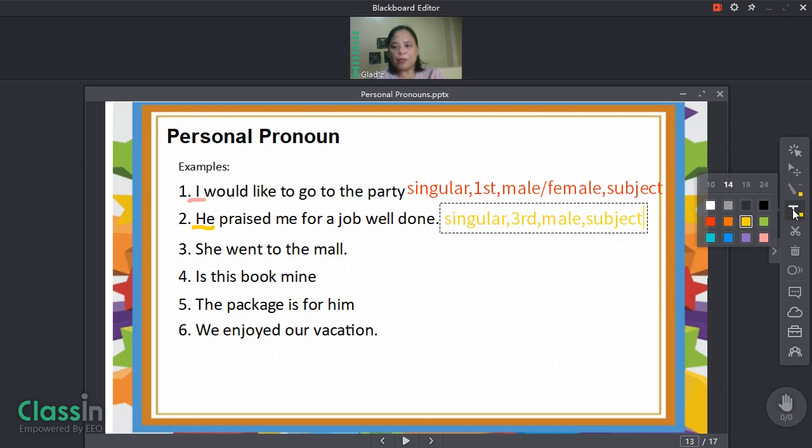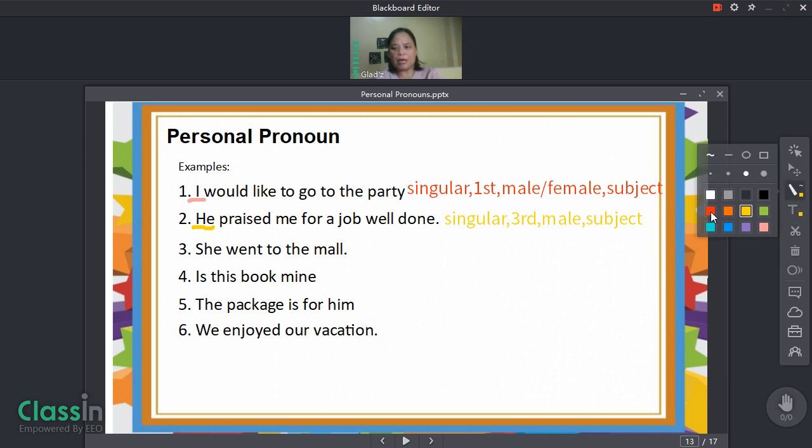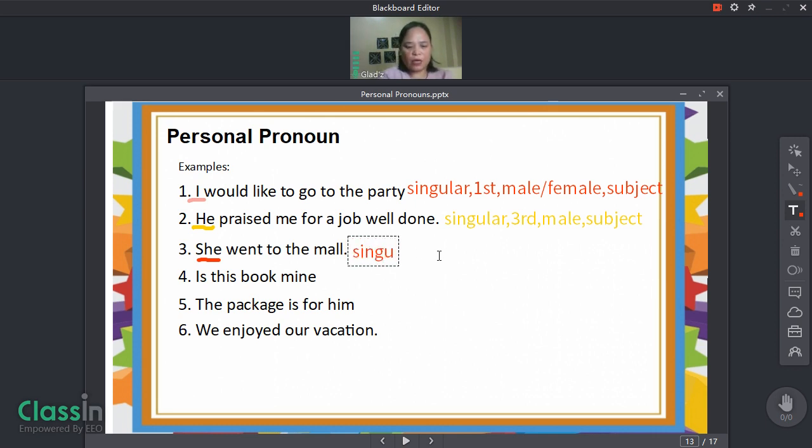How about number three? The pronoun used in number three is she. Let us identify its number. Its number is singular. Is it first person, second person, or third person? It is in the third person.